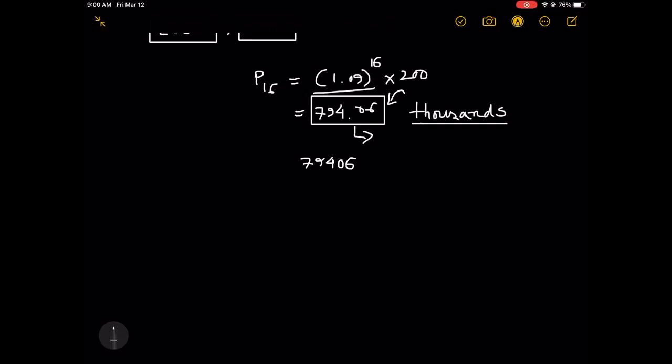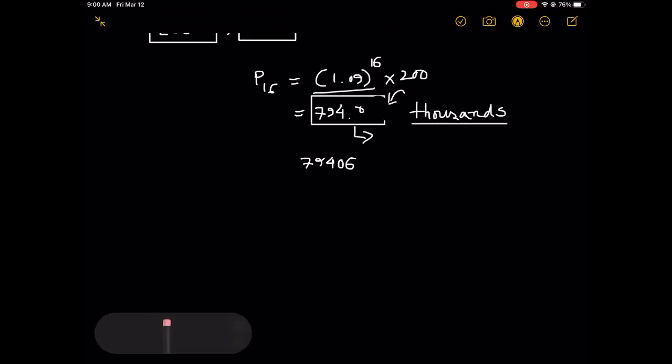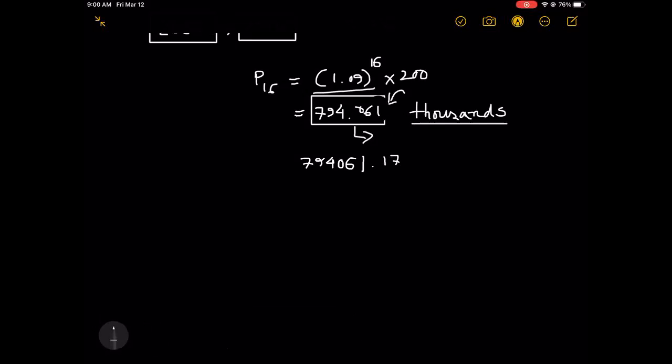So the next value was 1. So let's just add one more value. After the decimal, it has 1.17.